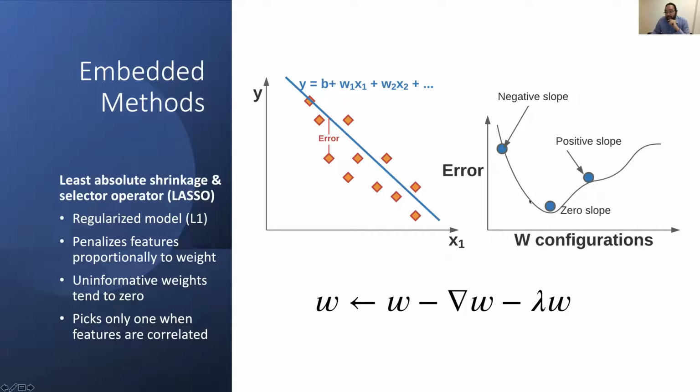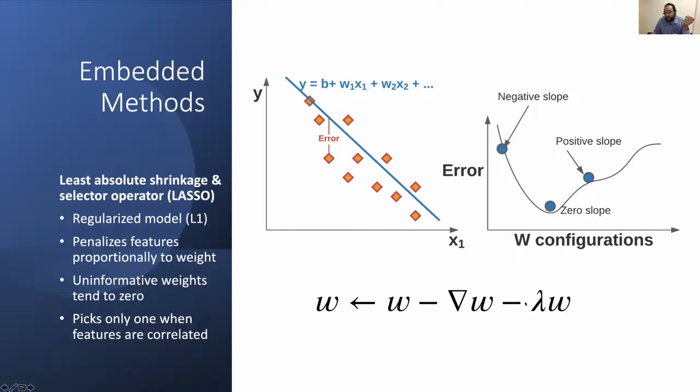That's if the error changed with respect to changing the weight. In other words, if this variable is completely uninformative, changing the weight isn't going to help you make a better prediction. Your error is not going to change.